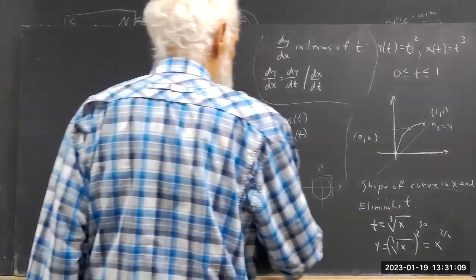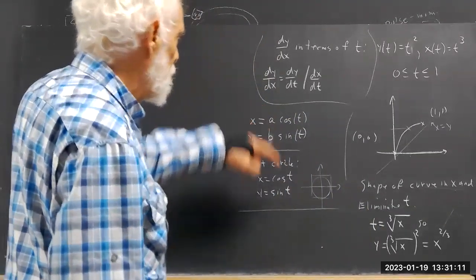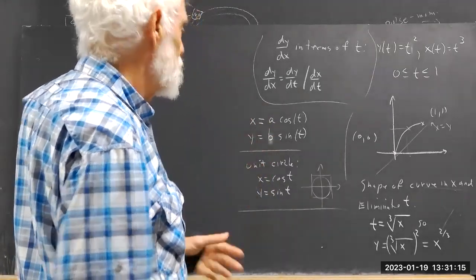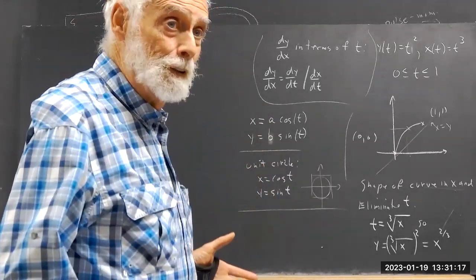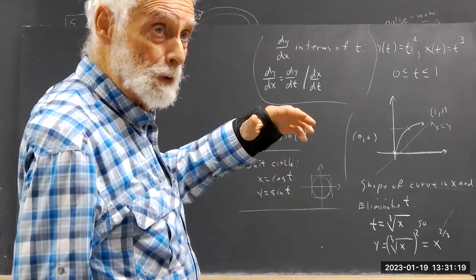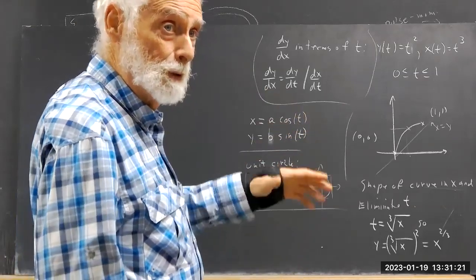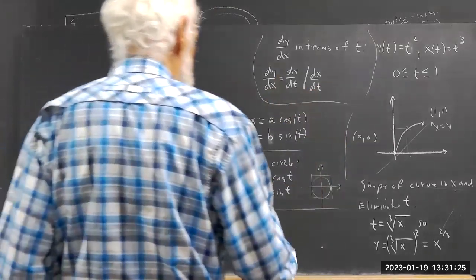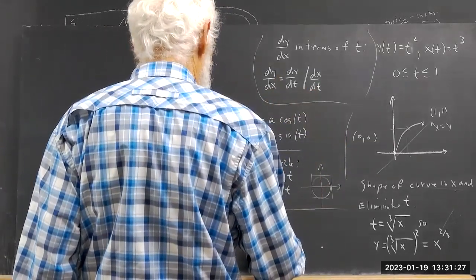And what happens if we put an a in front of x and a b in front of y? Your x's get a times bigger, your y's get b times bigger. Of course, if a is smaller, a times bigger is actually smaller. But language isn't real good at modeling that.